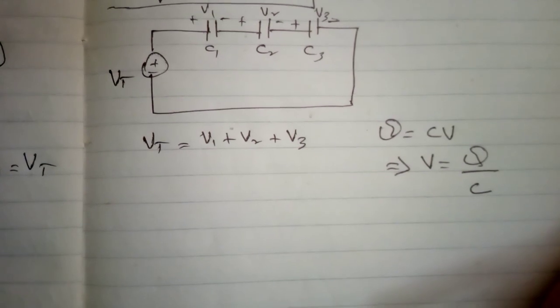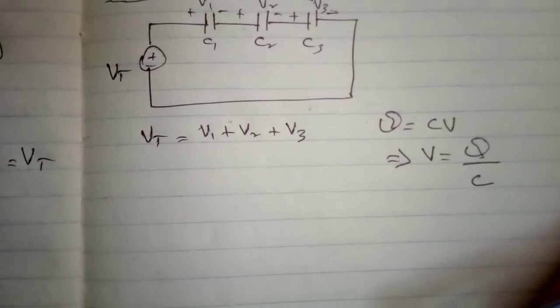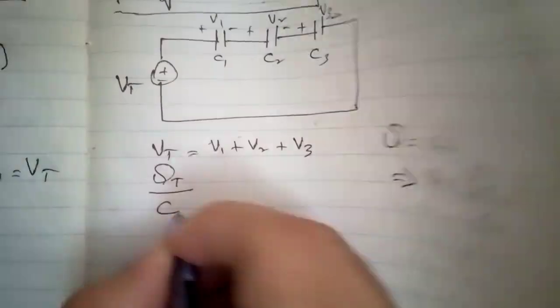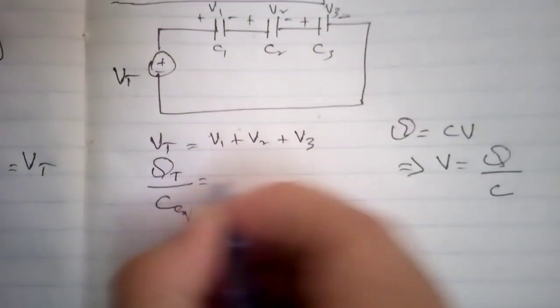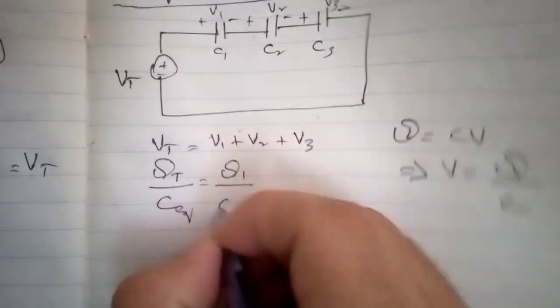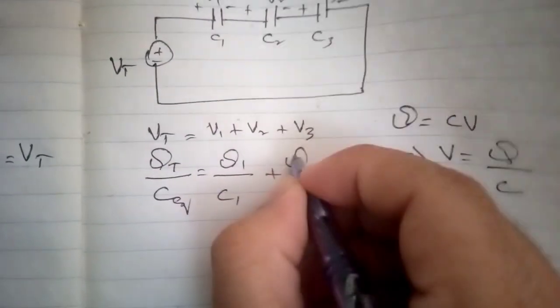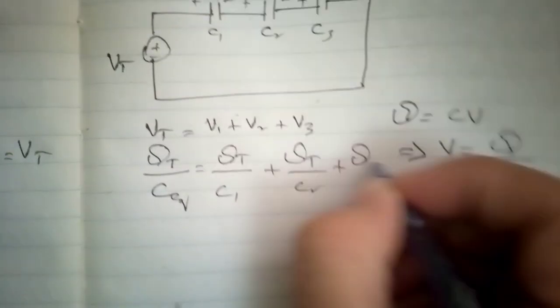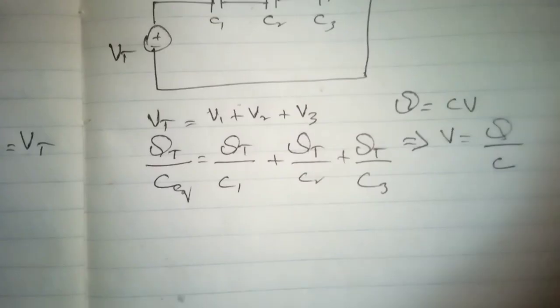Why? Because current is same for C1, C2, C3. That's why charge is also same. So here Vt is equal to Qt upon C equivalent is equal to Qt upon C1 plus Qt upon C2 plus Qt upon C3.